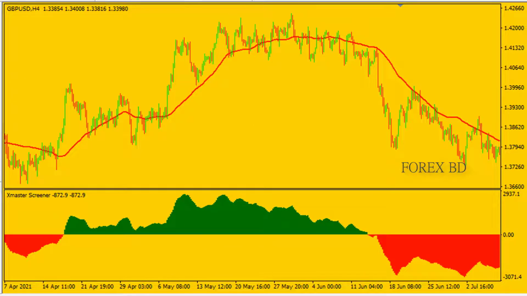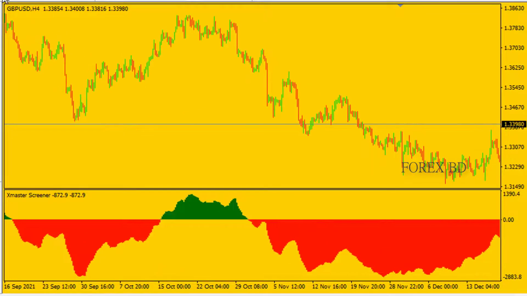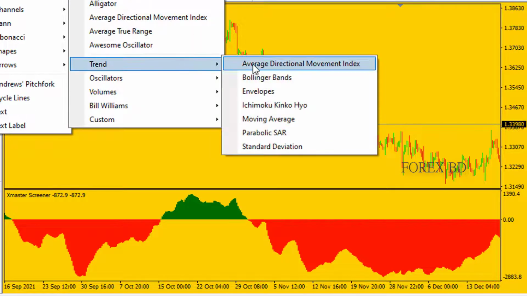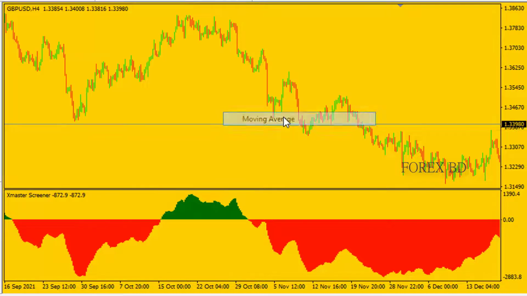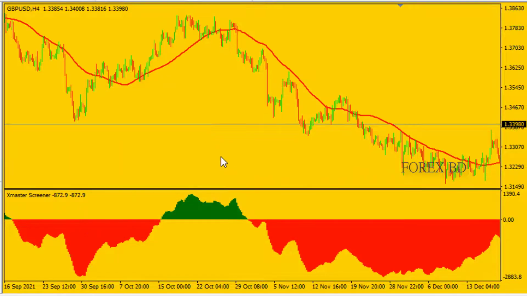Before finishing the video, let's take a look at this analysis shortly. We will take the help of moving average for entry. Surely you know how to set up a moving average. The period of the moving average will be 50. So now we will analyze with the combination of these two indicators. First, you have to follow the trend monitor indicator.